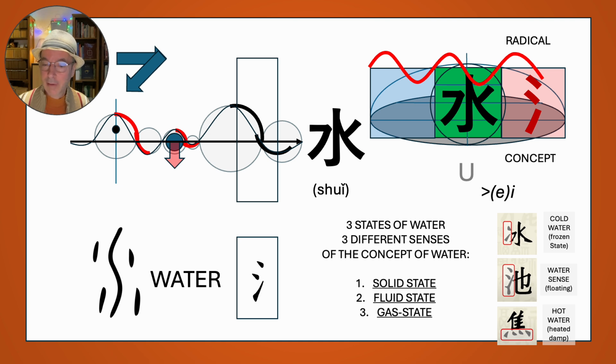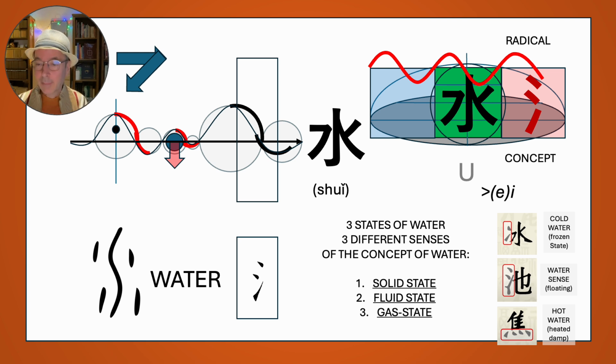And then you have the gas-like state, or the humid state, the damp state of water, which is of course related with hot water, heated up water. You can almost recognize that it's warmed up from beneath, and that's the heated stage.